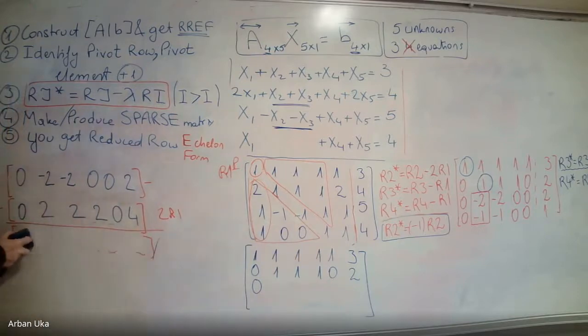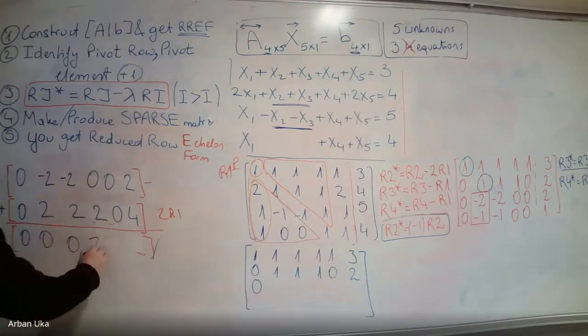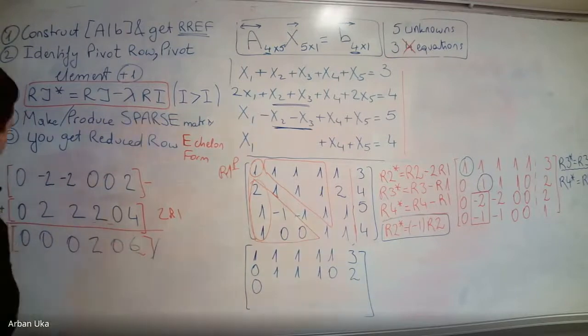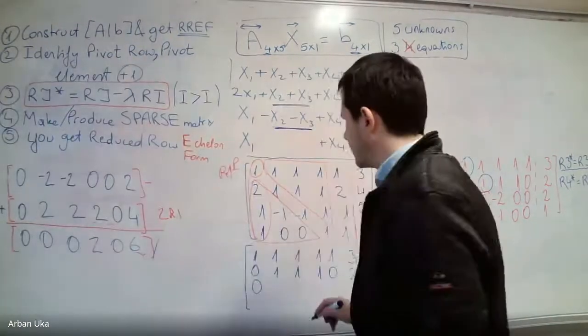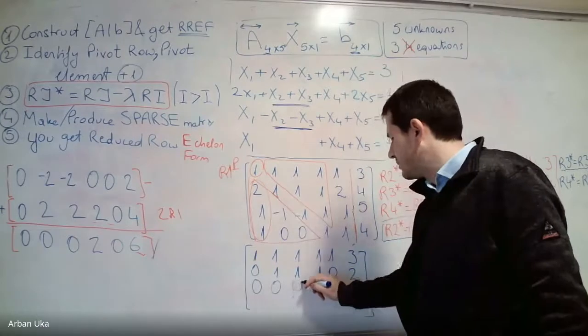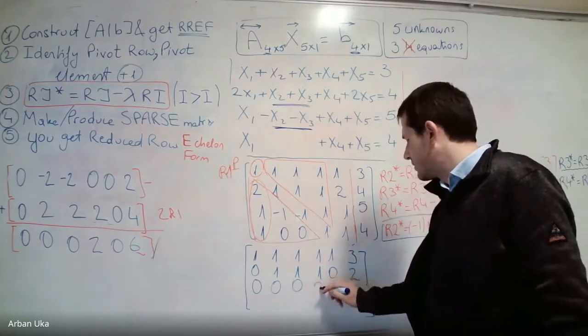So we are subtracting, no, what are we doing? We're adding these two together. So what do we get here? We get 0, 0, 0, 2, 0, 6. Okay? So we get 0, 2 more zeros, 2, 0, 6.